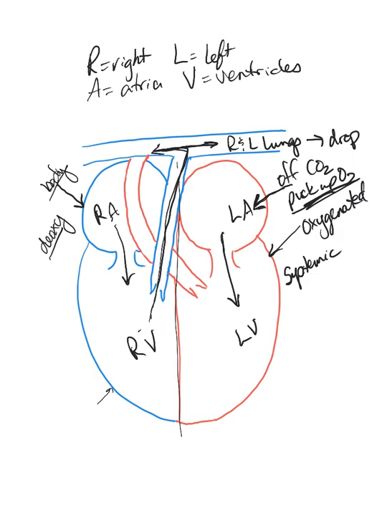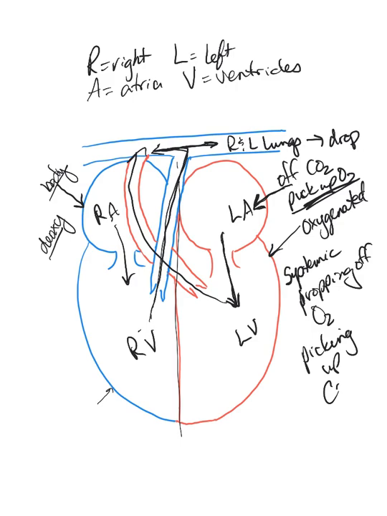It goes from the left atrium to the left ventricle, and then it heads out to the body, dropping off oxygen, picking up CO2, and then heads back to the right atrium.